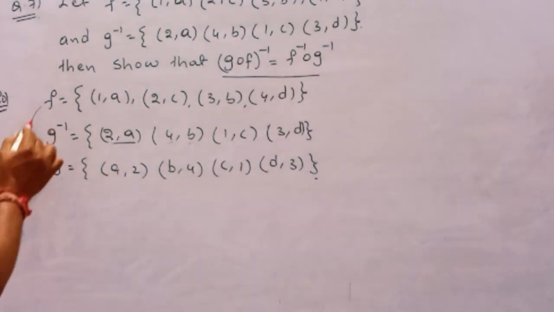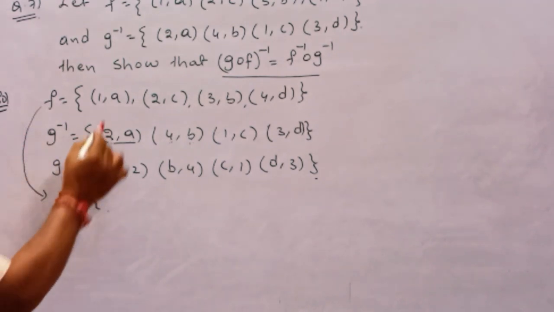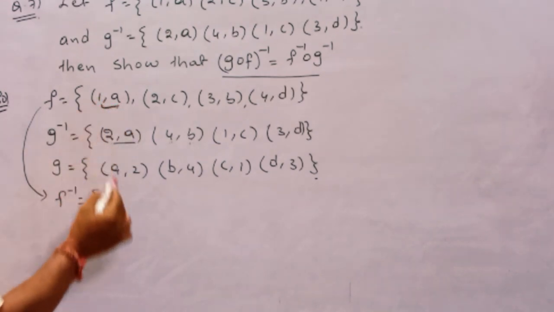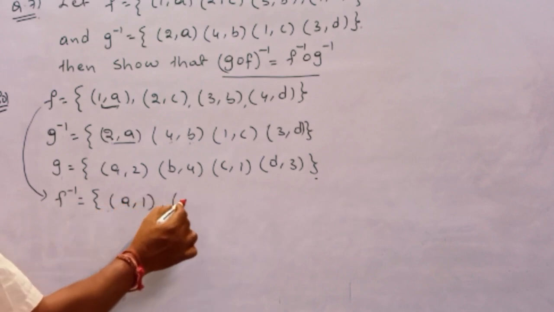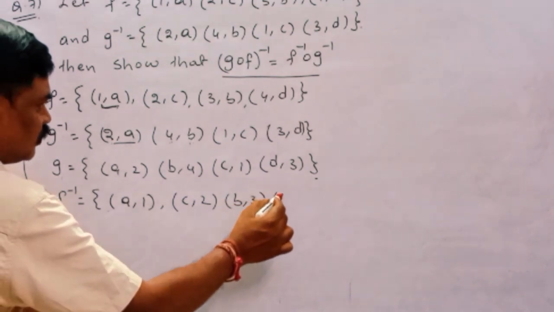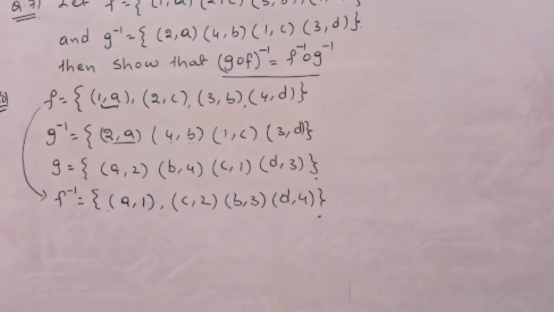Similarly, what is F inverse? F inverse is obtained by interchanging the ordered pairs: (A, 1), (C, 2), (B, 3) and (D, 4). So this is F inverse.